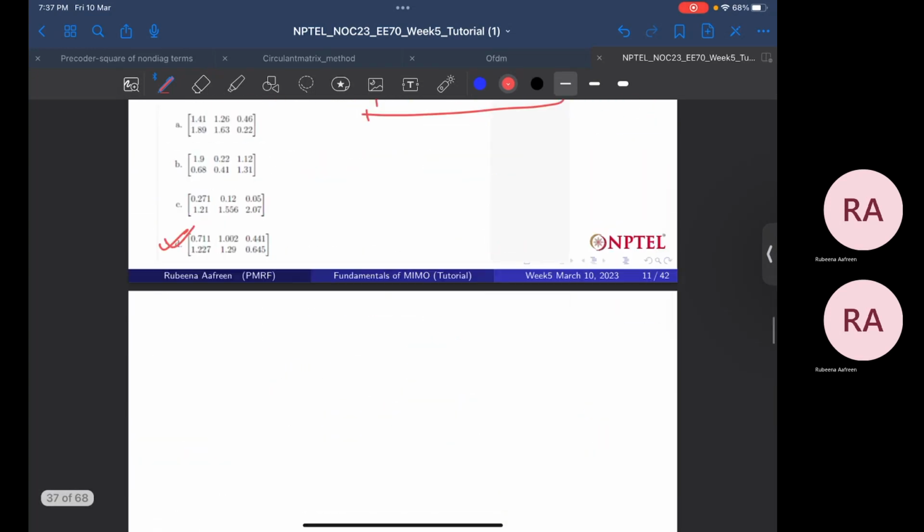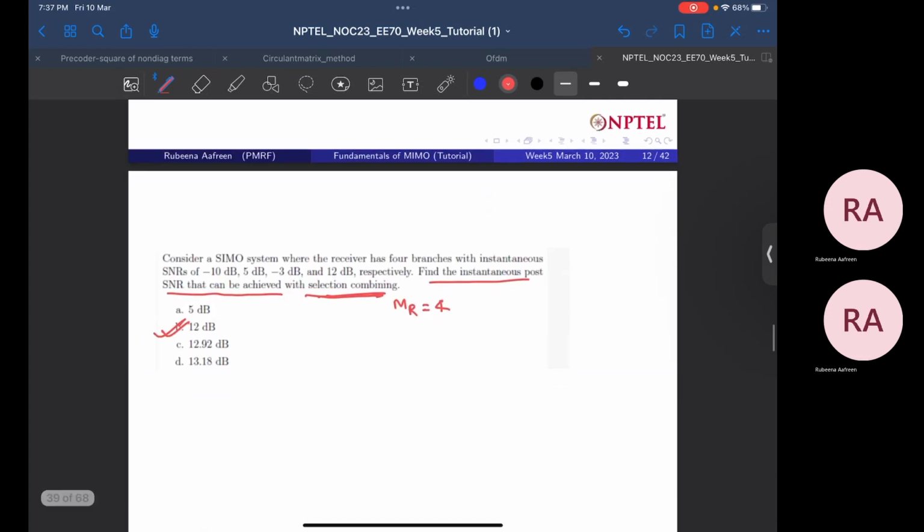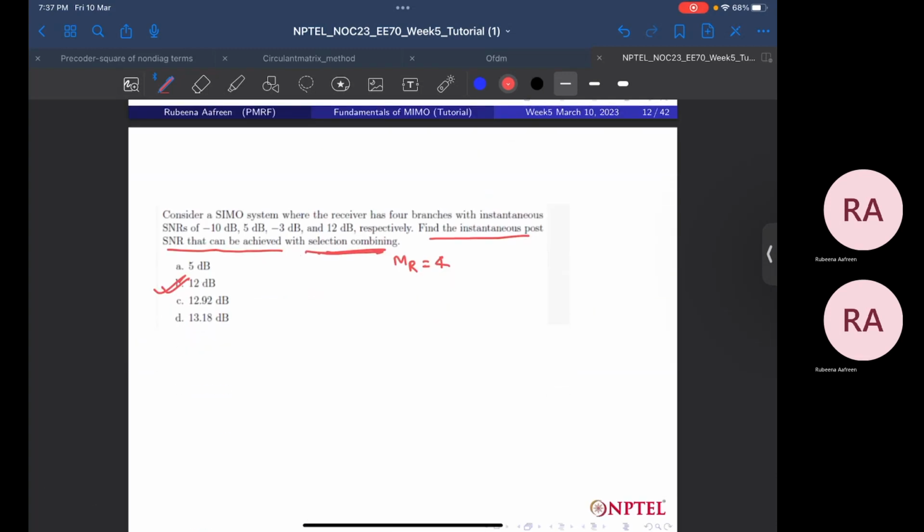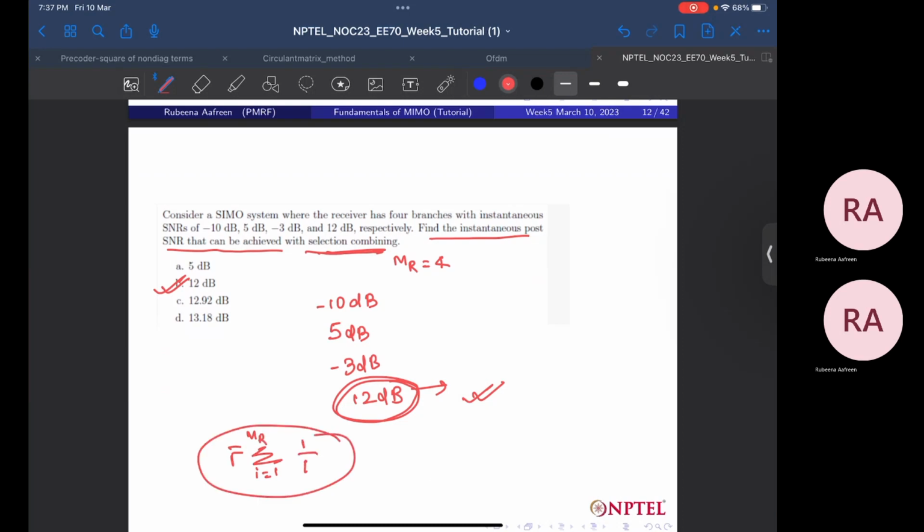But the post-processing SNR will be calculated like this only because only one channel is selected, right? So out of minus 10 dB, 5 dB, minus 3 dB, and 12 dB, only 12 dB will be selected. So this would be the instantaneous post SNR. Okay, if average post SNR is asked, then we can use gamma bar times summation i equal to 1 to MR of 1 upon i. Okay. So here the answer will be 12 dB.